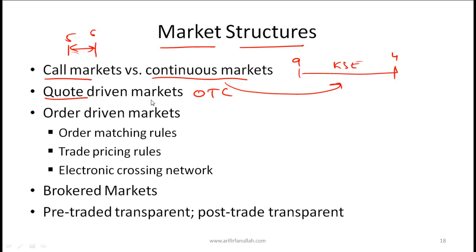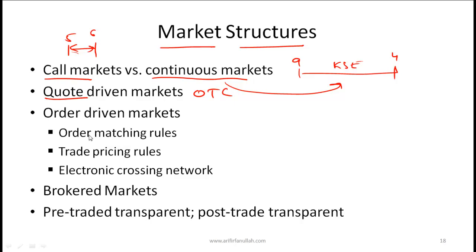So very roughly speaking, NASDAQ is an example of over-the-counter market. Essentially, for any given stock, there will be dealers who give their quotes on how much they are willing to buy and sell stocks for, and hence this is called a quote-driven market.